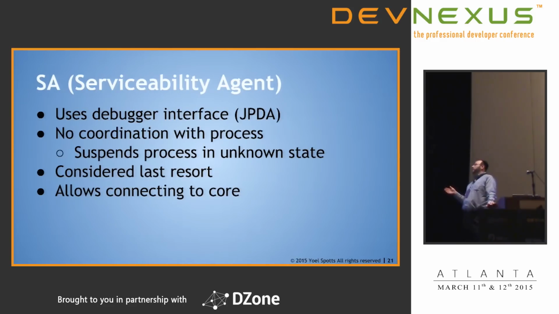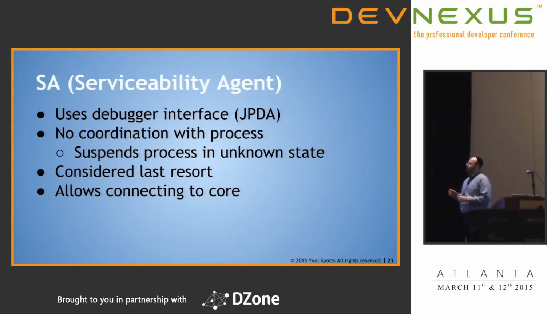Now I've never seen that happen, but again, it's an unknown state. And because of that, this is considered a last resort, and we only utilize the Serviceability Agent in circumstances, as we'll discuss, where the process might be hung, and you want to get some monitoring and troubleshooting information from a hung process. Now, if it's already hung anyways, you're not going to be doing any damage by connecting to it in an unknown state. But usually, we try to avoid connecting in this manner.